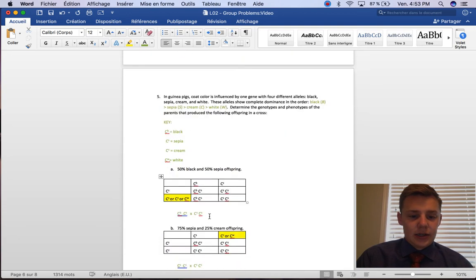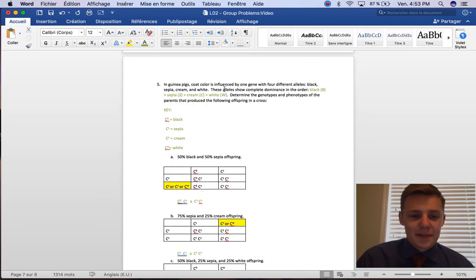Let's see here. Oh yeah, this one was kind of interesting. We're given these genotypes, and one is expressed after the other. For example, black is the ultimate dominant factor. SEPA is the next, cream is the next, and then last but not least is white.